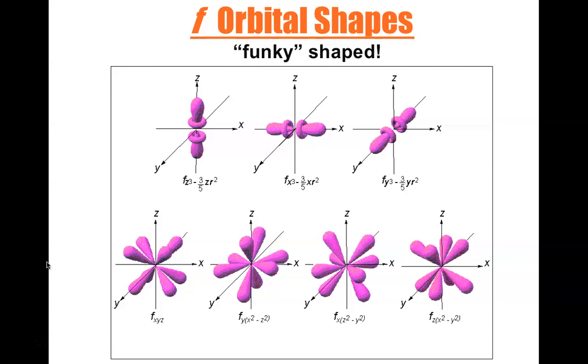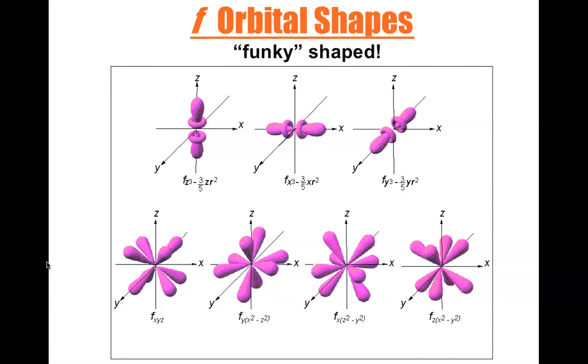Now, if we go back to our pictures, I'm not going to do it right at the moment, the D orbitals had 5 different orbitals. And here we are with 10 columns.